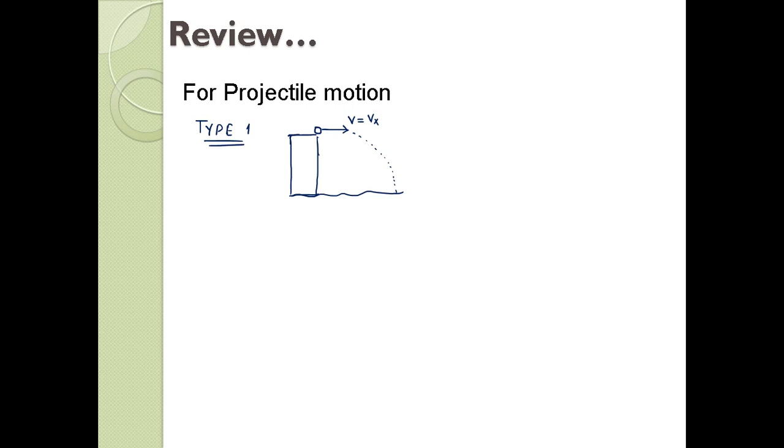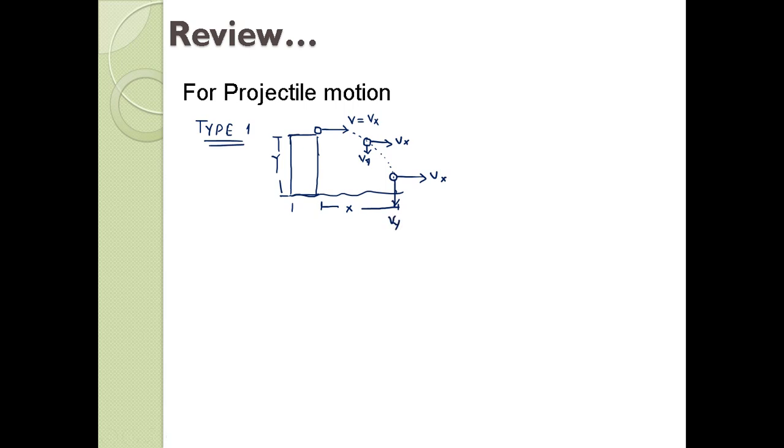So the distance covered vertically is y here, and the distance covered horizontally is from the base of the building to the point where the projectile will hit. Here v will be vx, and as it goes, vx remains the same, but vy will start because of gravity as it approaches the ground. So vx continues the same, but vy increases to some value.